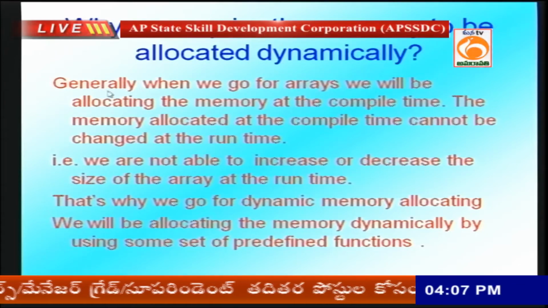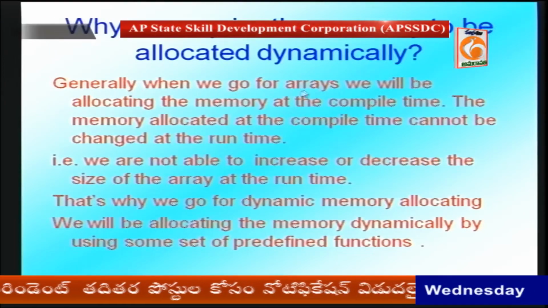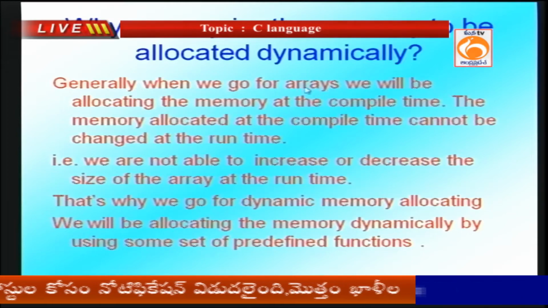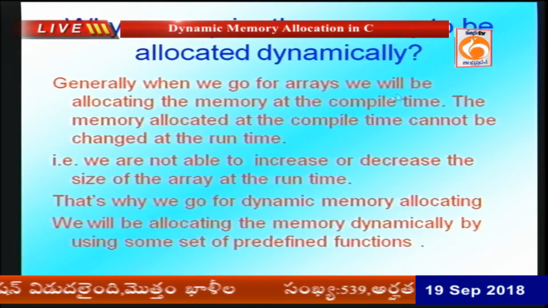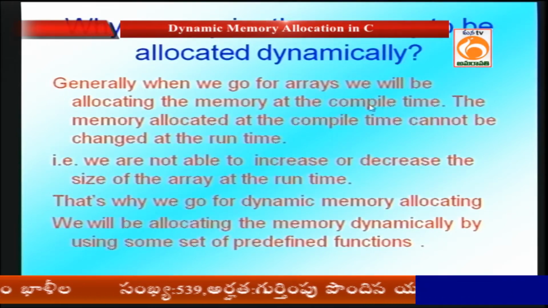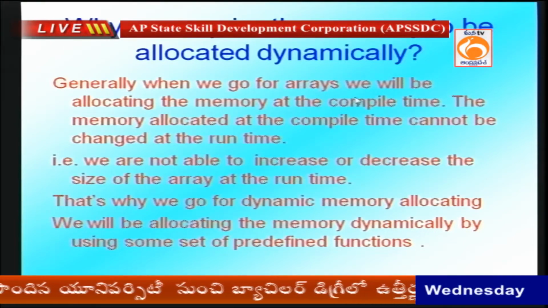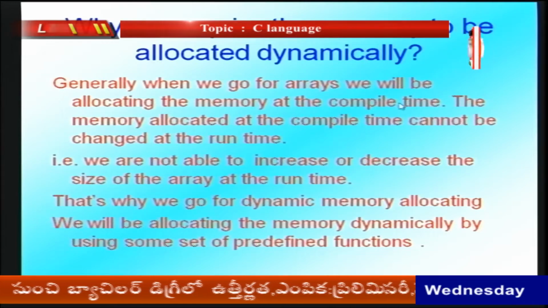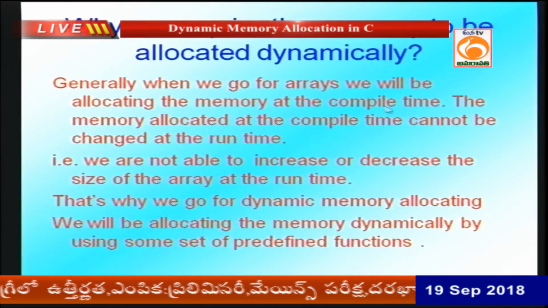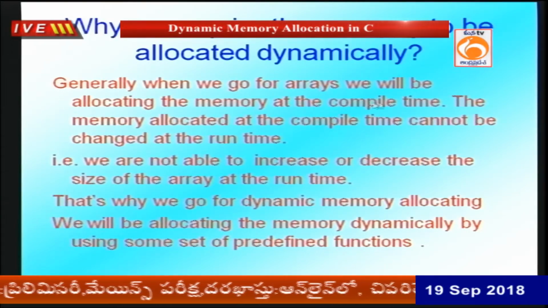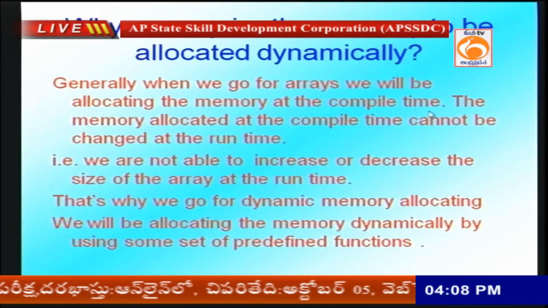Listen. Generally, when we go for array programming, if I create an array, memory is allocated at compile time. Whenever you create arrays, the memory is allocated at compile time. Memory created at compilation time is called static memory, and it is a fixed size.